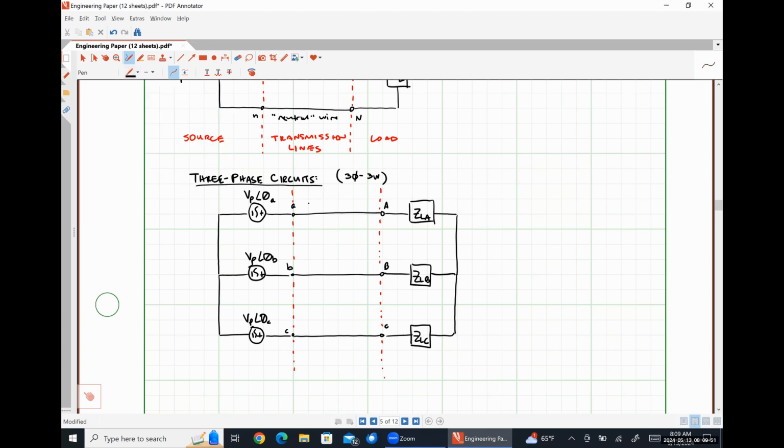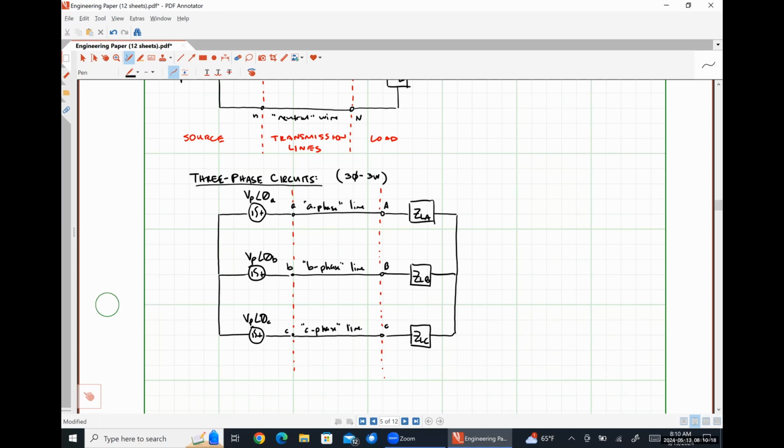First thing, I'm going to call this my A phase line. Usually it would be called a conductor, but there's not enough room to write conductor there. Here's my B phase conductor and my C phase conductor.